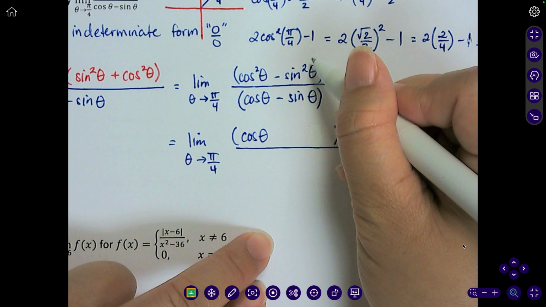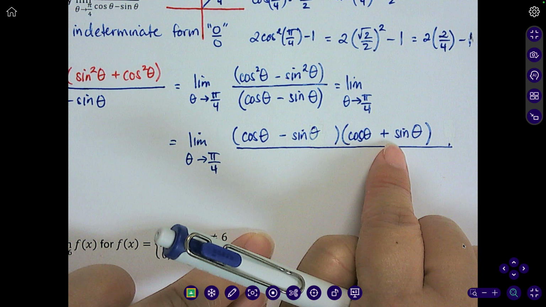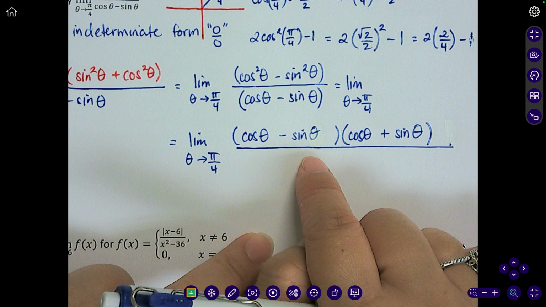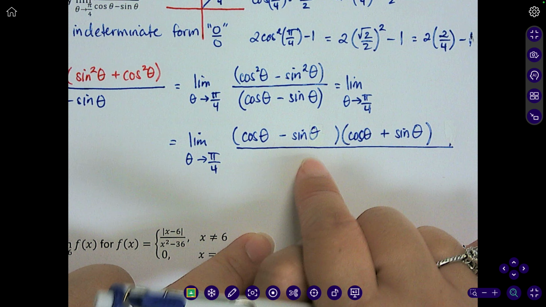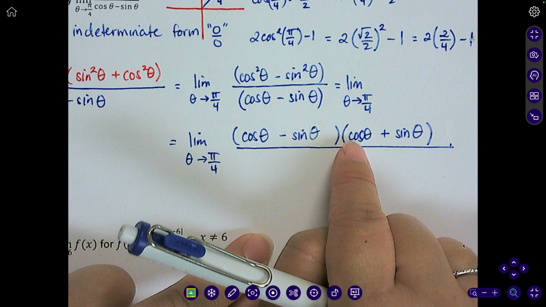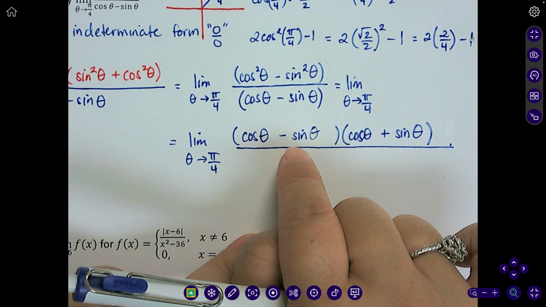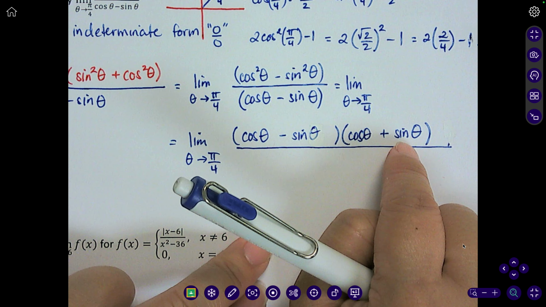So this is the difference of squares. Basically, you get the same value, 1 plus, 1 minus. Think of it like the conjugate, very similar to it. So cosine of theta times cosine of theta is cosine square. A negative sine of theta times sine of theta is negative sine square of theta.